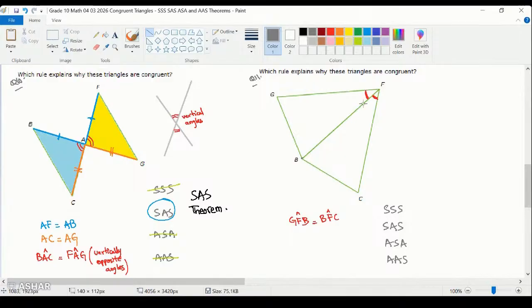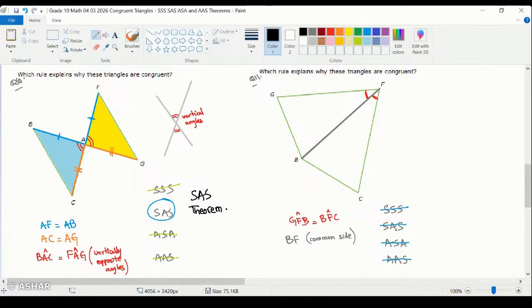Can we say BF is the common side to both the shapes? So how much information do we have now? We have one angle and one side. With one angle and one side, we cannot apply three sides, we cannot apply two sides, and we cannot apply two angles one side.